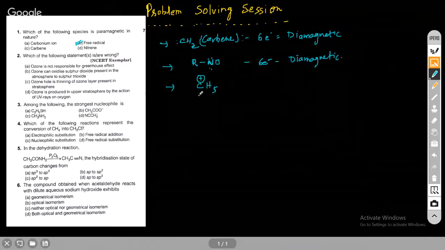This is carbonium ion, and this has again six electrons, diamagnetic in nature. So if they ask how many electrons are there, the answer will be six in carbonium ion, carbene, and nitrene. Free radical has one unpaired electron, that's why it is paramagnetic. Question number two.